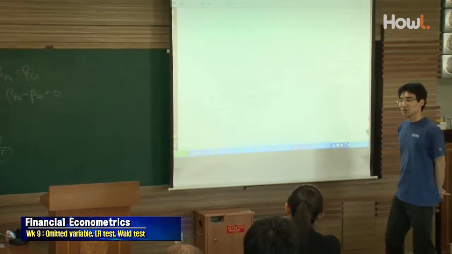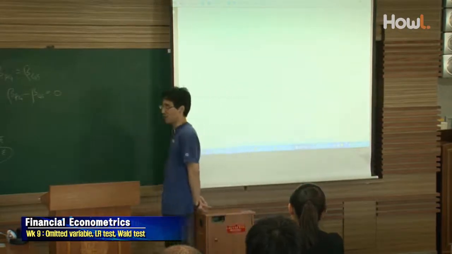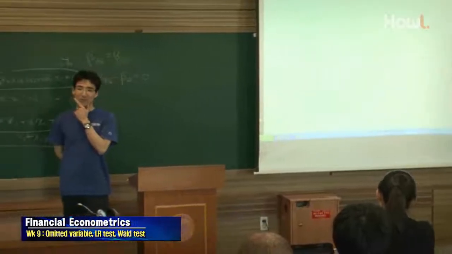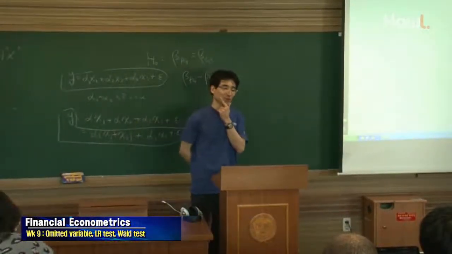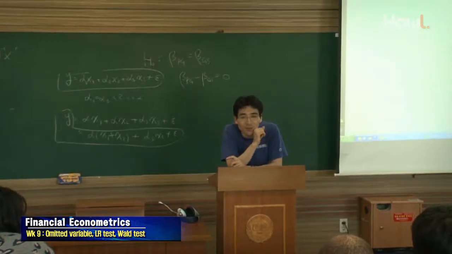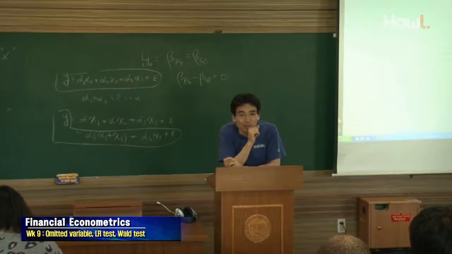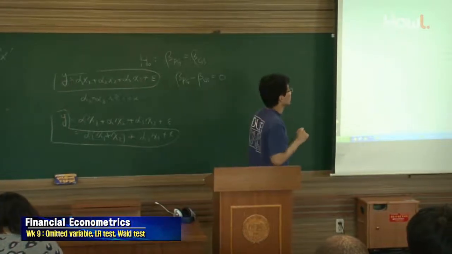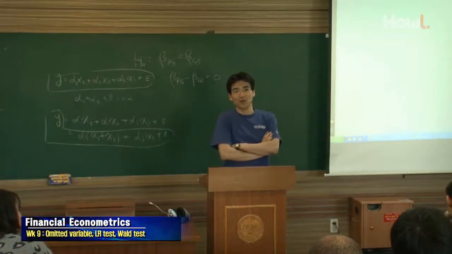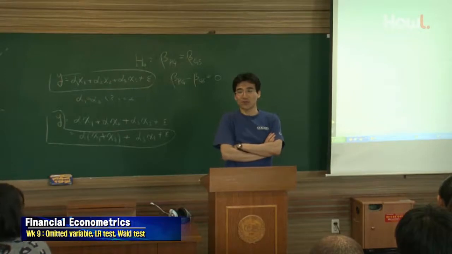So it means if our empirical model drops some important explanatory variable, then our estimated OLS coefficient is biased. Biased means the expectation of our estimated coefficient is different from the true beta.